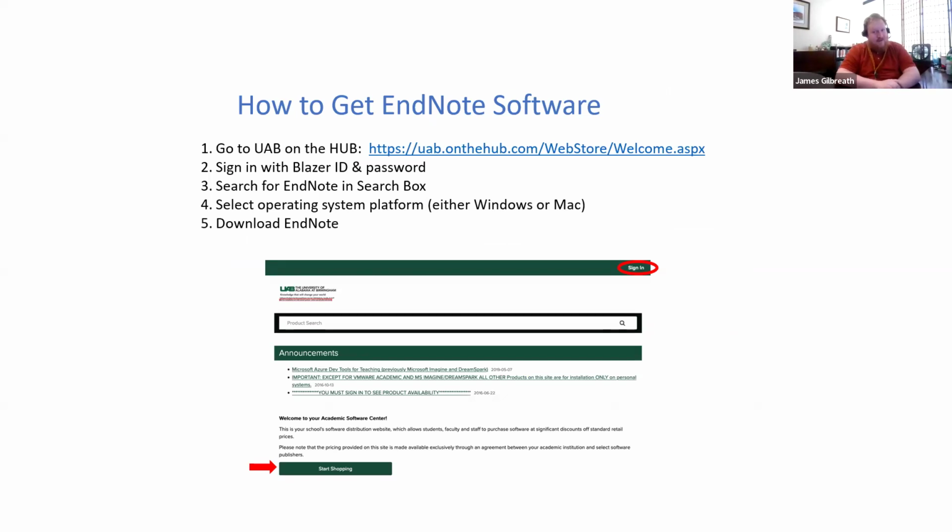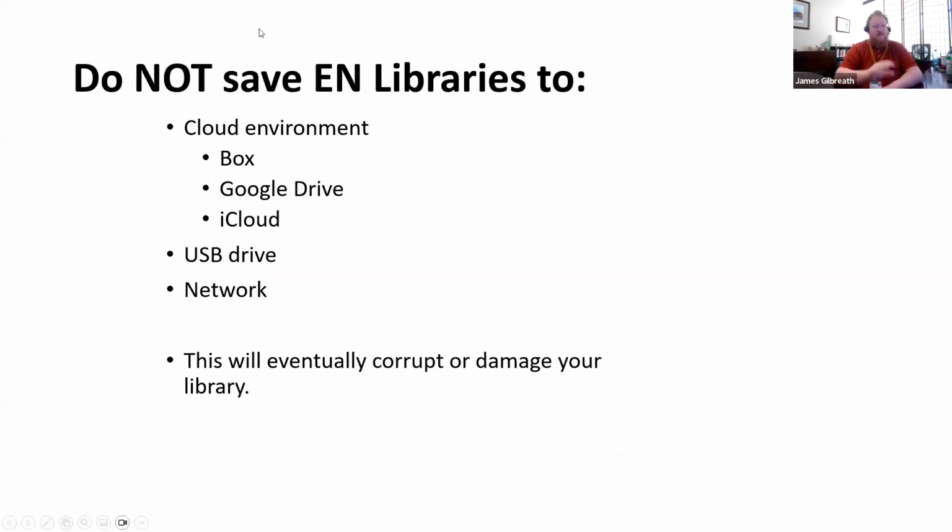That is very important, whether you're on a Mac or a Windows machine, and then you download EndNote. The one thing I will note is that it will give you a software code that you will need to save so that after it finishes installing, you can actually unlock it.